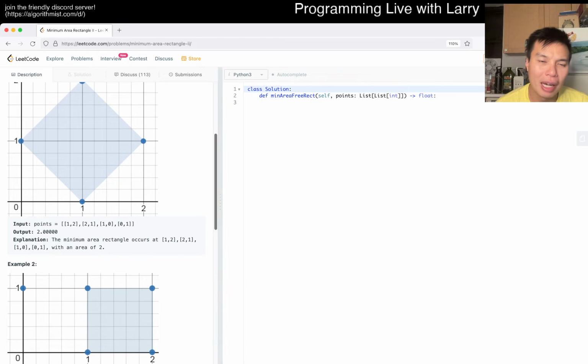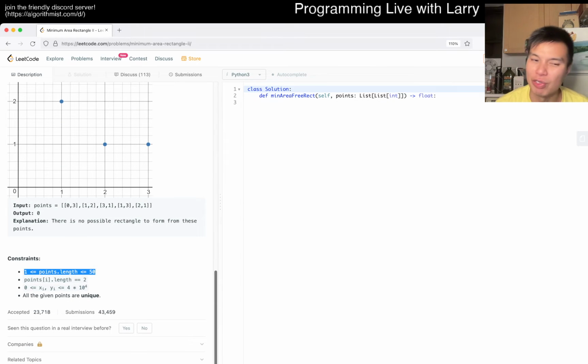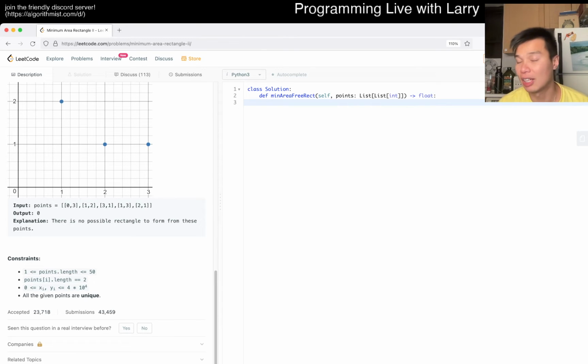Then okay. I think we can try to do this in n cubed, or n choose 3 maybe more specifically, which I guess is maybe faster. Let's see, I'm just googling 50 choose 4, because 50 choose 4 is not quite the same as 50 to the 4th, right? 50 choose 4 is apparently 230,300. So actually that'll be fast enough.